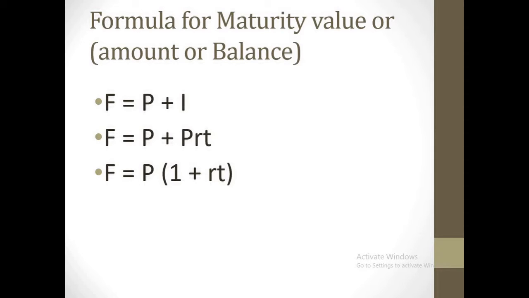So we are now going to factor P. So that is F is equal to P multiplied by 1 plus RT. So F here is the maturity value, P is the principal, and I is the interest.